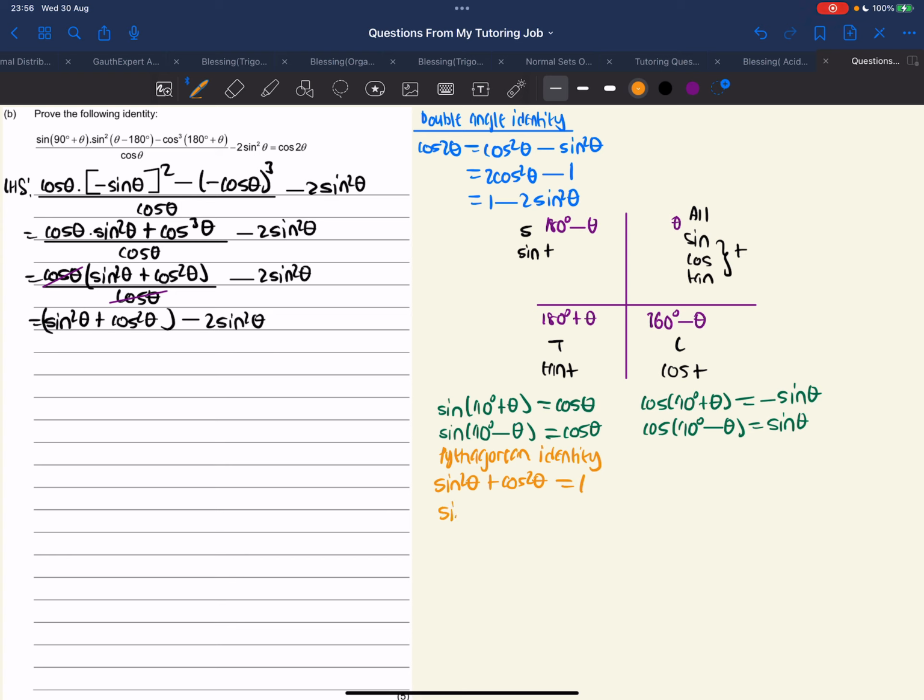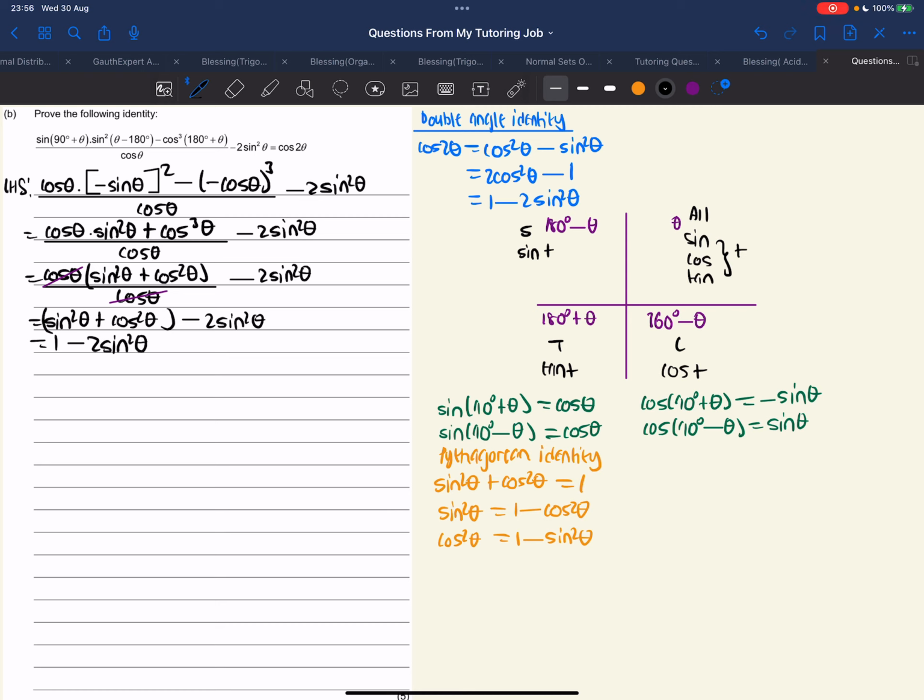And if you want to have sine squared theta alone, it's going to be 1 minus cos squared theta. And if you want to have cos squared theta alone, it's just going to be 1 minus sine squared theta. All right, so we have that sine squared theta plus cos squared theta is 1, so that answer now is going to be 1 minus 2 sine squared theta.